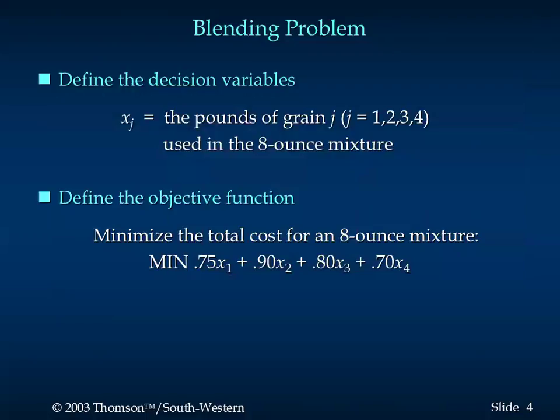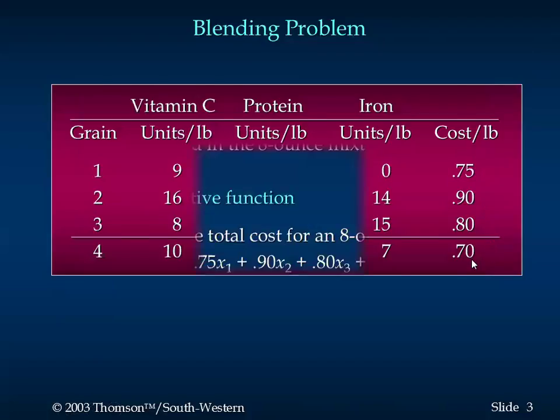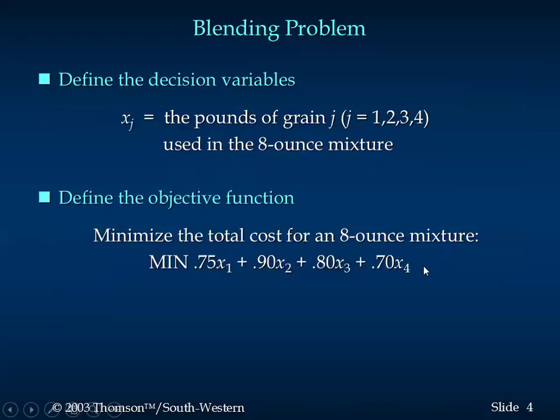And our objective is to minimize the total cost. So minimize, what is the objective? Well, 0.75 X1 + 0.9 X2 + 0.8 X3 + 0.7 X4. This is our objective function, which we're trying to minimize.